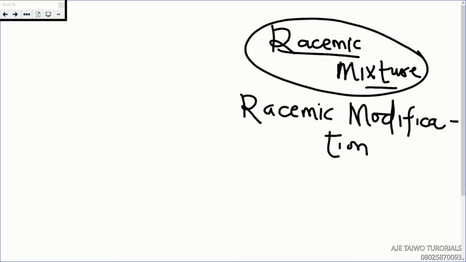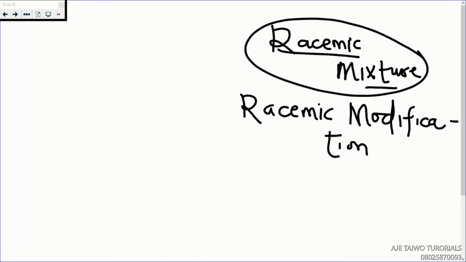When you have an equimolar mixture, that's equal molar, equal amount, equal concentration, an equimolar mixture of two enantiomers. They are in the same proportion, 50-50% each. An equimolar mixture of two enantiomers is known as racemic modification or racemic mixture. Full stop.